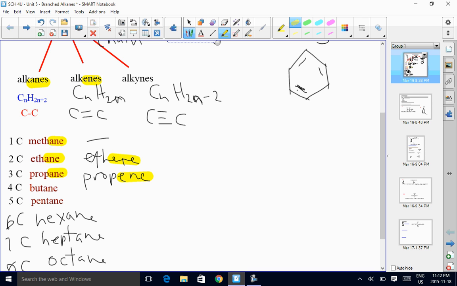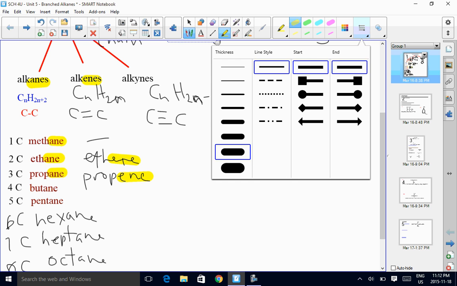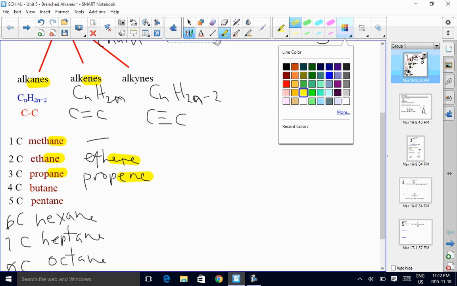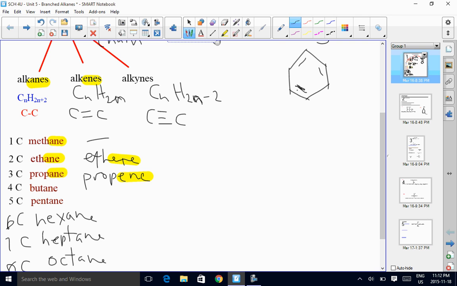I'm not going to continue it, but I'll just do one more, butene, and so on. Under alkynes, you can't have one carbon with a triple bond.